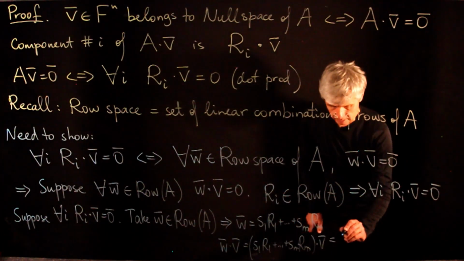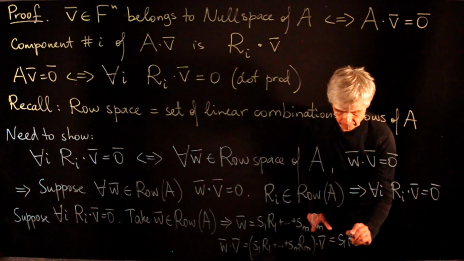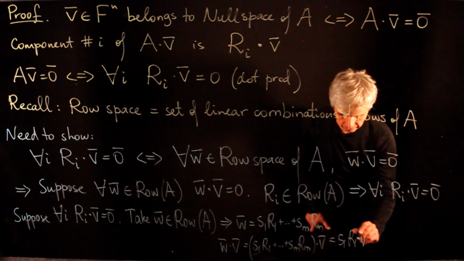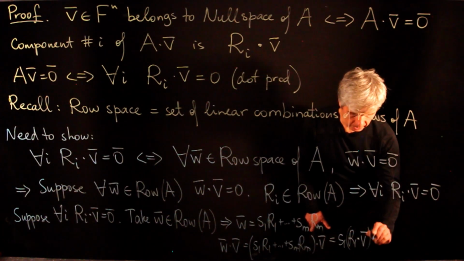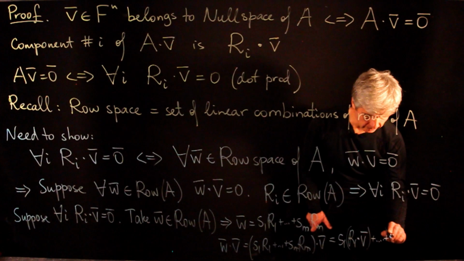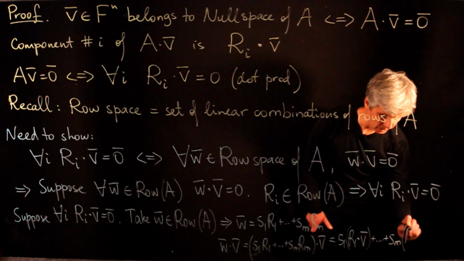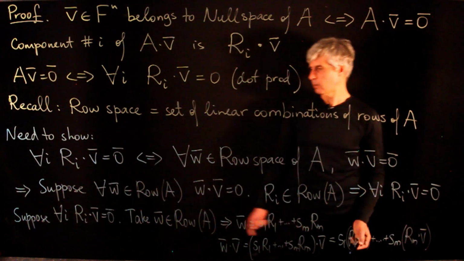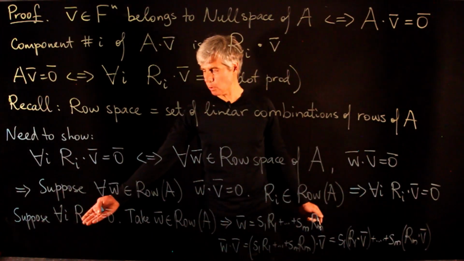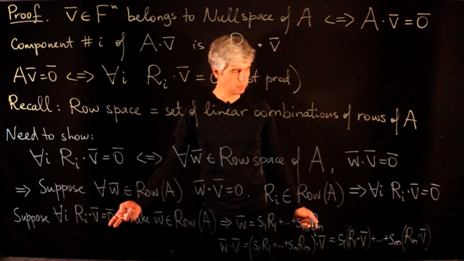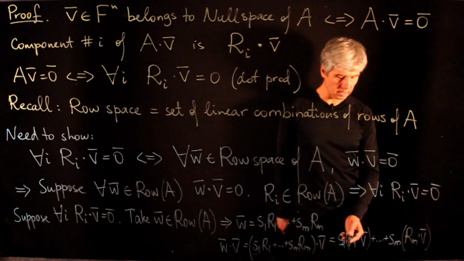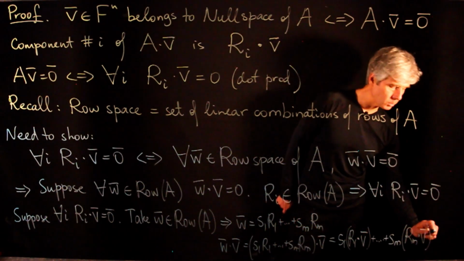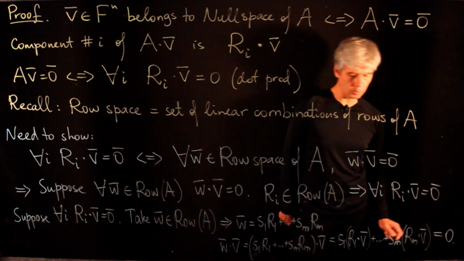So this is equal to s1 times R1 dot v plus ... plus sm times Rm dot v. But we assumed that the dot product of each row with v is equal to 0. So each term in this sum is equal to 0, and the result is equal to 0.